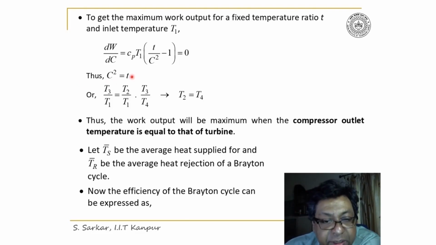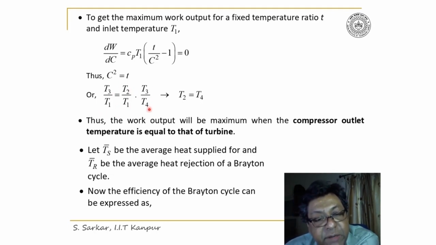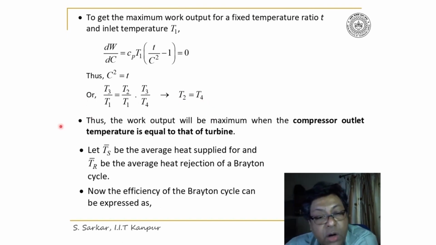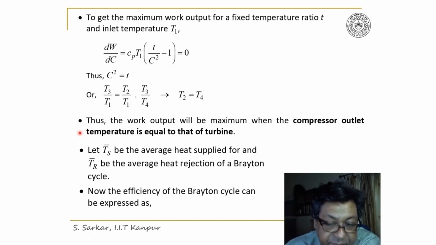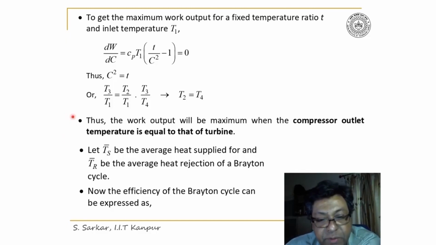Now what is small t? Small t is equal to T3 by T1, and C square I have written in terms of T2 by T1 into T3 by T4. This equation will lead to T2 is equal to T4. Thus, work output will be maximum when the compressor outlet temperature and the exhaust temperature from the turbine are the same. This is a very important observation.